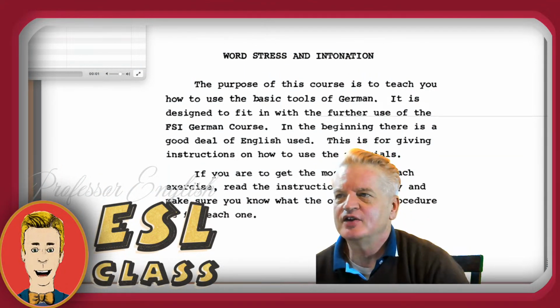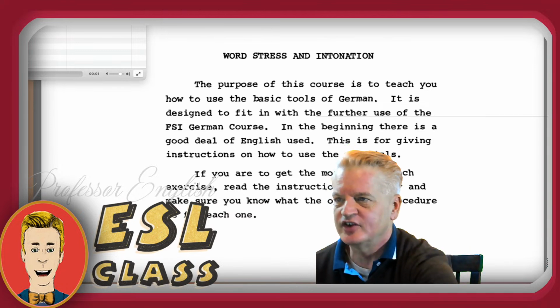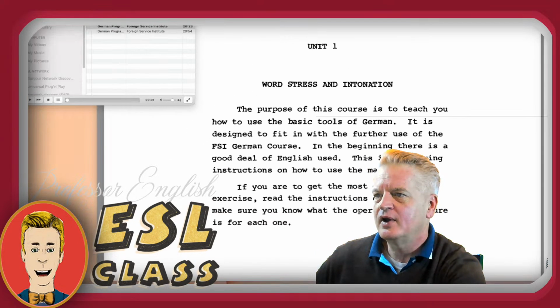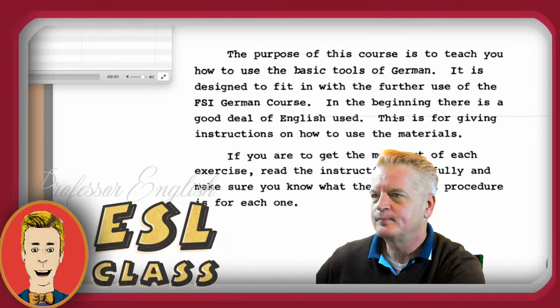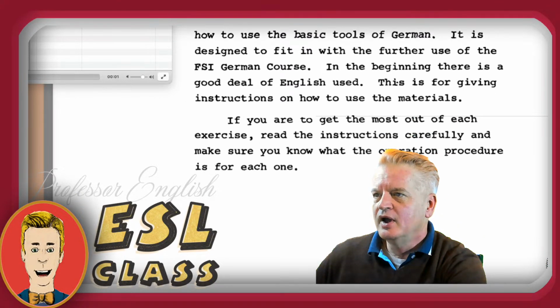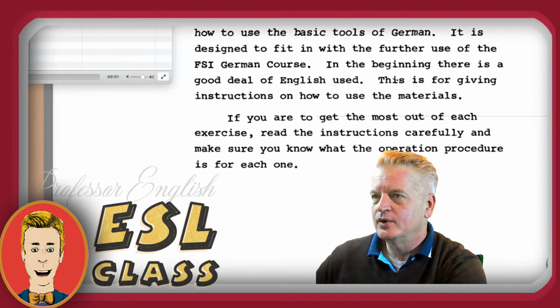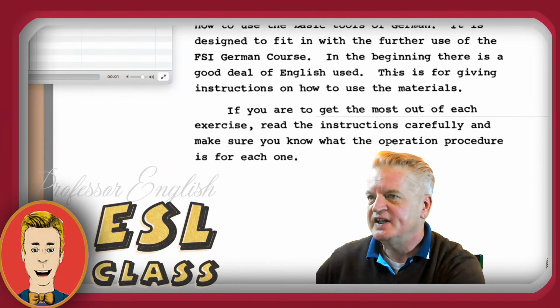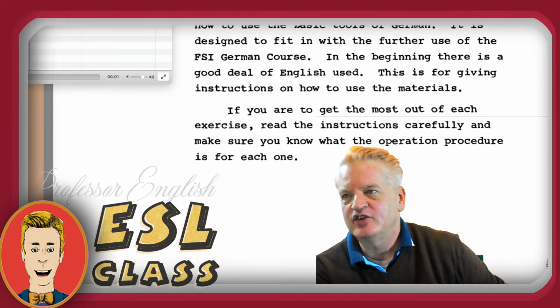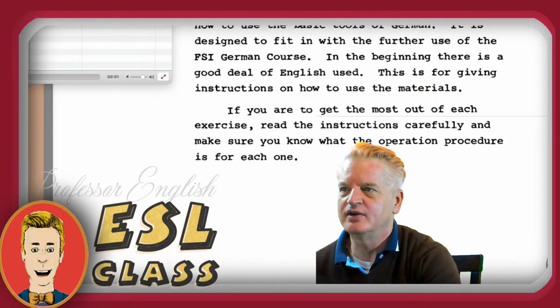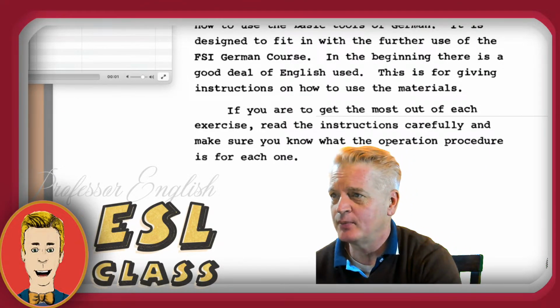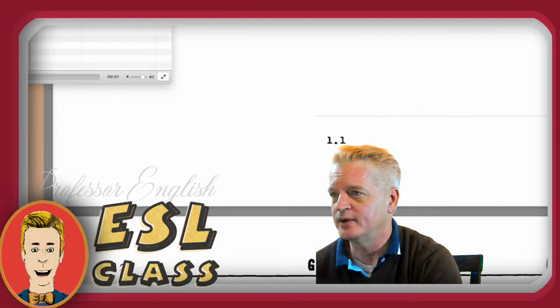In the beginning, there's a great deal of English used, and this is for giving instructions on how to use the material. If you are to get the most out of each exercise, read the instructions carefully and make sure you know what the operation procedure is for each one.